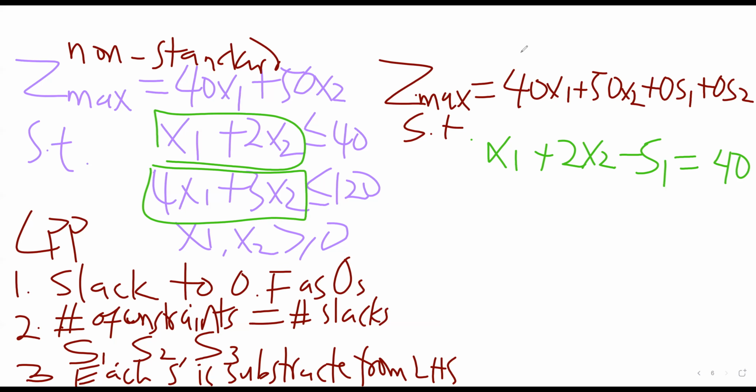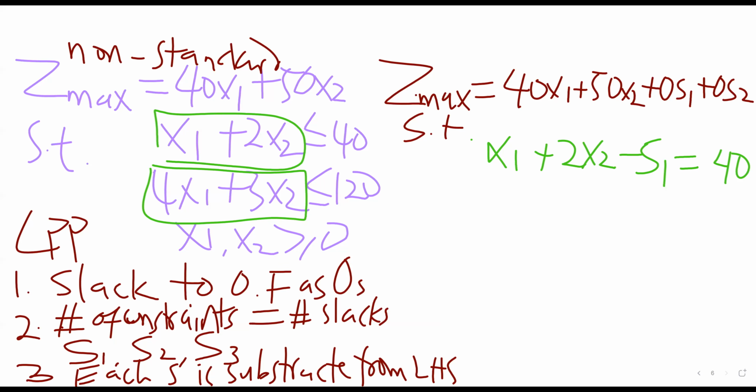So I'm going to let one of you tell me how the standard form for the last constraint is going to look. Okay, somebody says I should go over the fourth point.